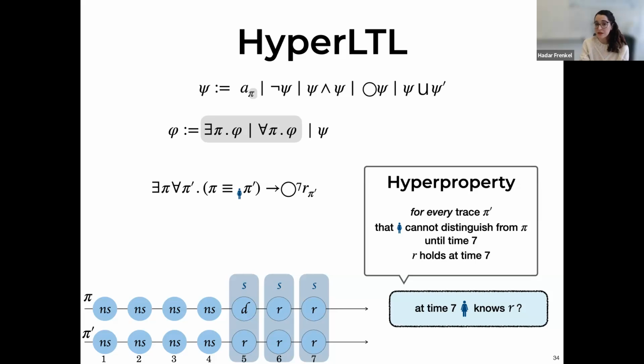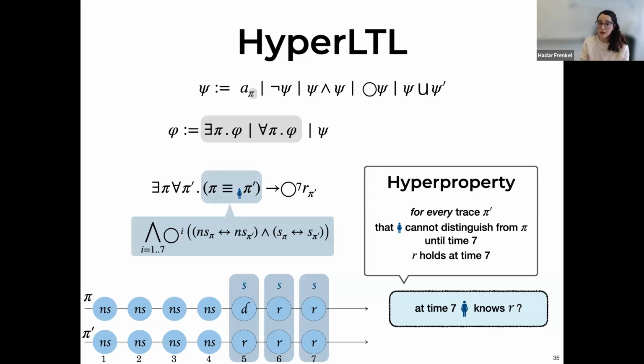And also this indistinguishable we can express in hyper-LTL. We say that they agree on the observations of the blue agent. So the two traces agree both on not sent and on sent. So this is how we express knowledge in hyper-LTL. And now we're going to proceed to the example of common knowledge and see what's the problem there.